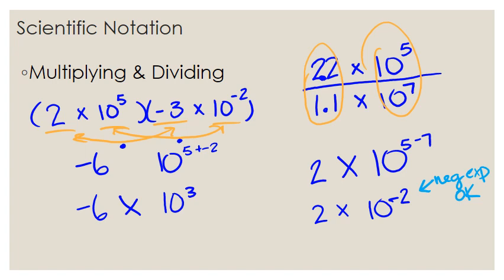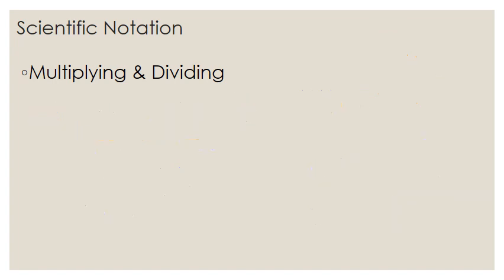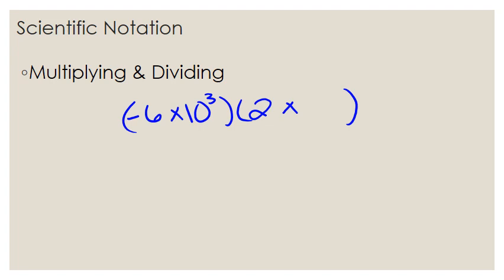Okay. Now, occasionally, you might end up with a value that doesn't fit in the scientific notation framework. What I mean by that is, let's do another multiplying one quick. If I had, let's say, a -6 times 10 to the 3rd, and a positive 2 times 10 to the -8th. I'm just multiplying like terms.